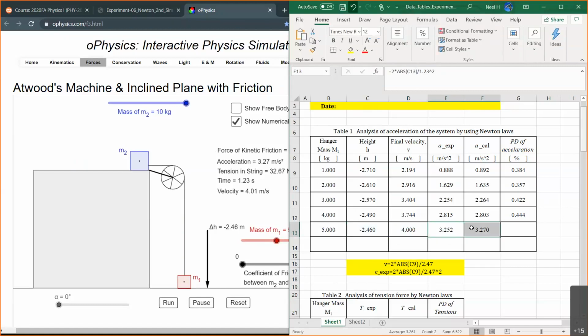These two should be about the same. If not, then something is wrong.